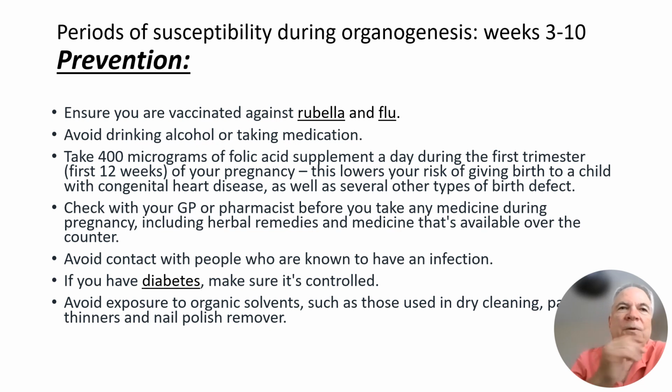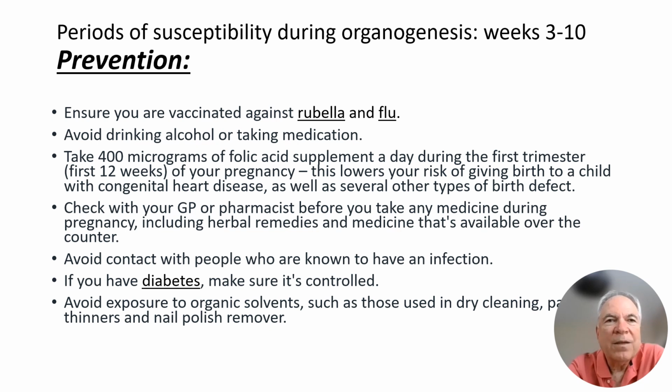As we said before, the weeks that are most important to prevent this exposure are weeks 3 to 10, when organs are developing. And to prevent congenital heart disease, make sure that you're vaccinated against rubella and flu. Avoid alcohol or taking medication.